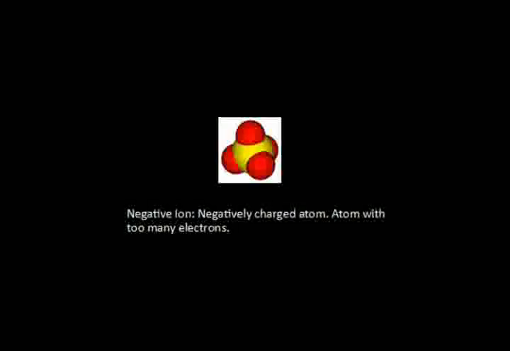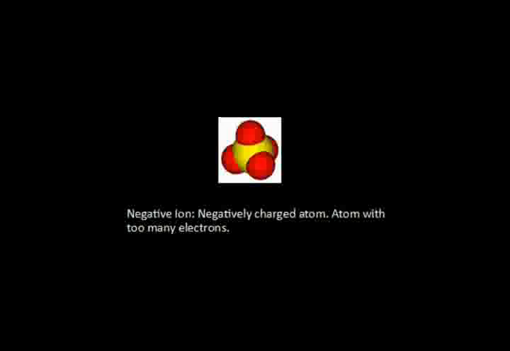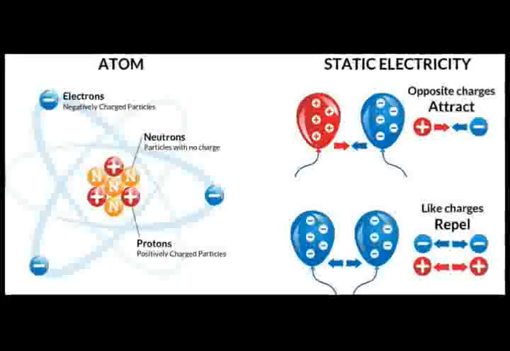The atom becomes a positive ion and displays positively charged characteristics. When an atom gains an extra electron, it becomes a negative ion. Negative ions display negatively charged characteristics. The electron that has broken out of its orbit is negatively charged. This concept of negative and positive ions is a key building block to understanding electronic theory.